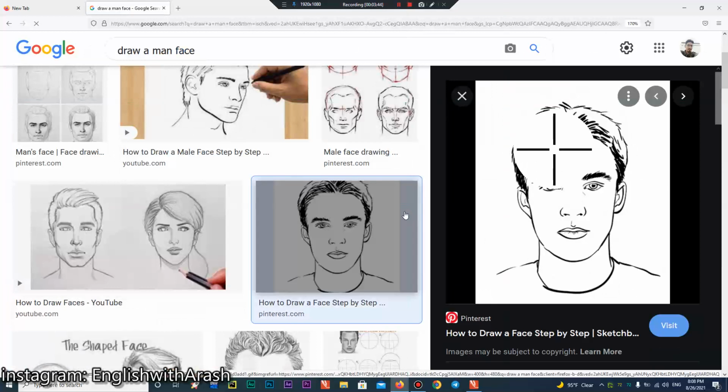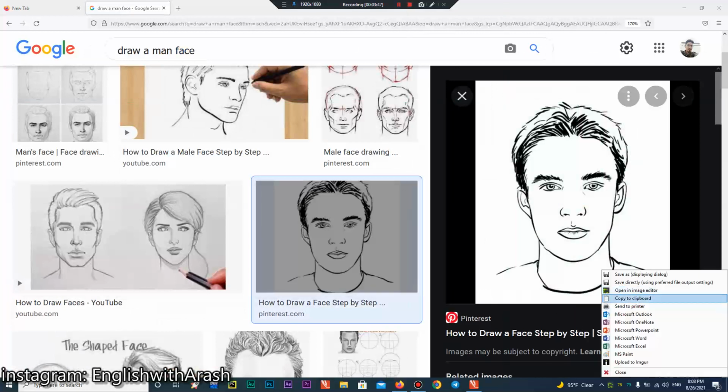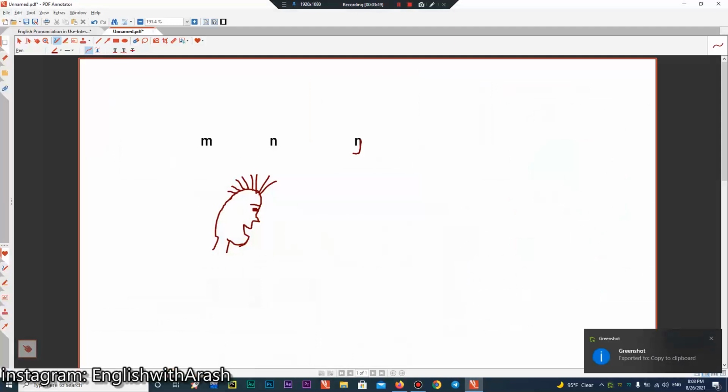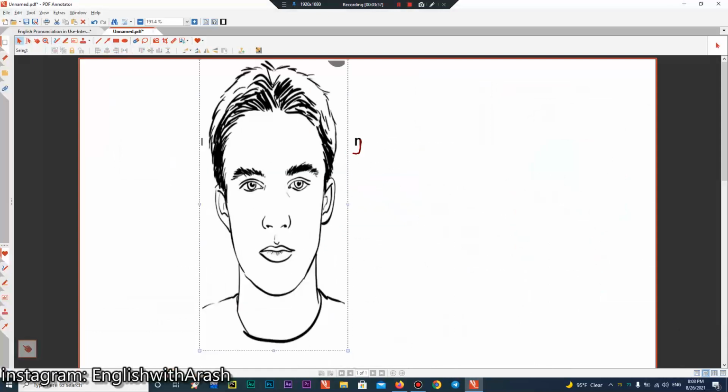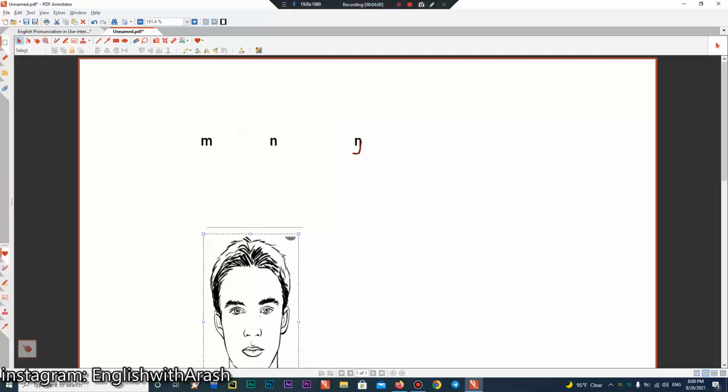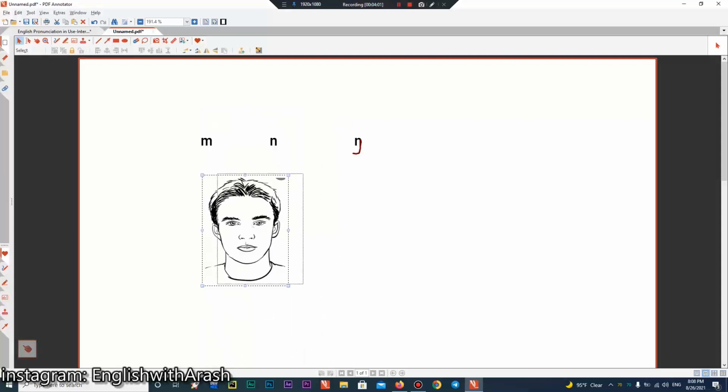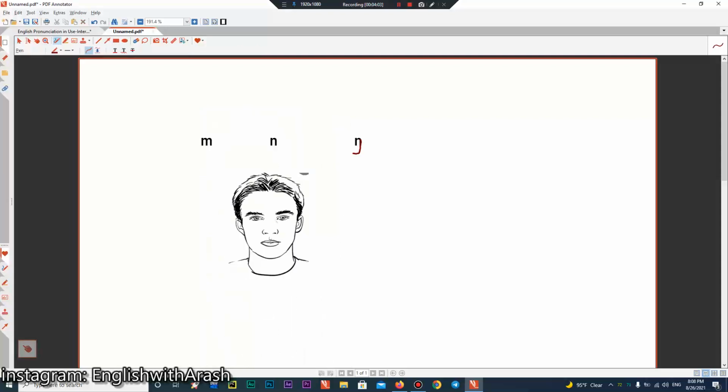Okay, so when you speak, the air comes out of your nose or out of your mouth. When you want to produce these sounds, you have to make sure that the air is going out of your nose, not your mouth.